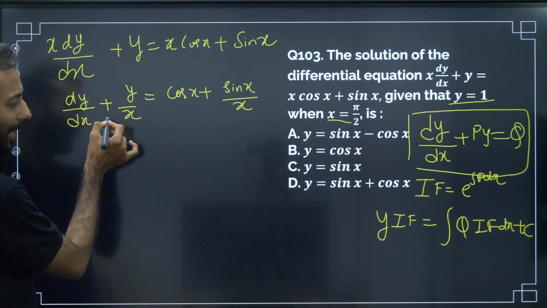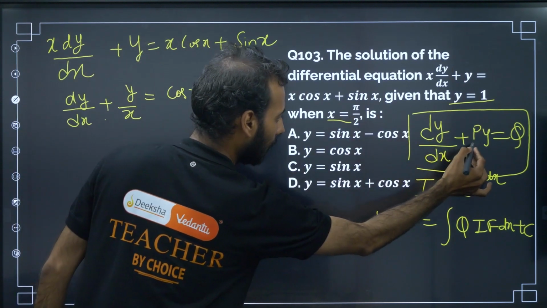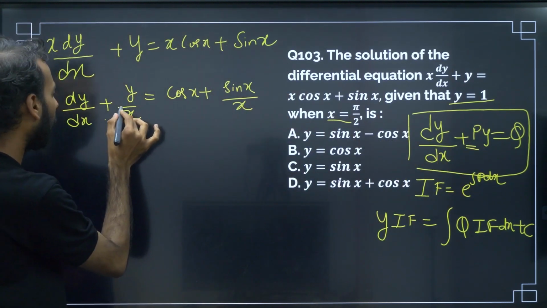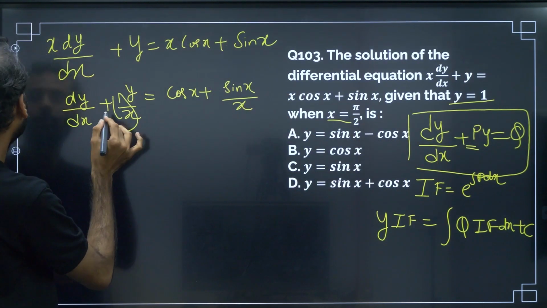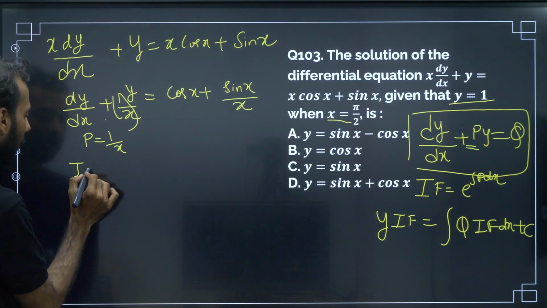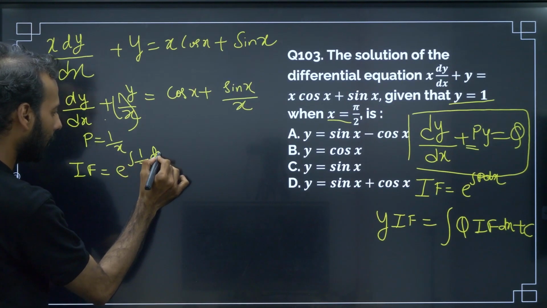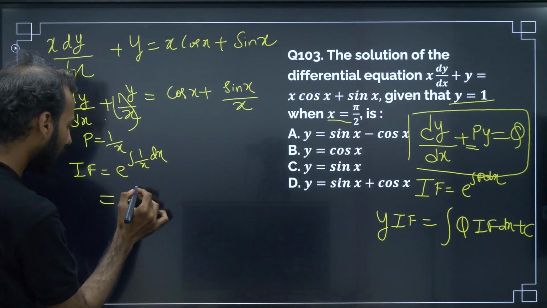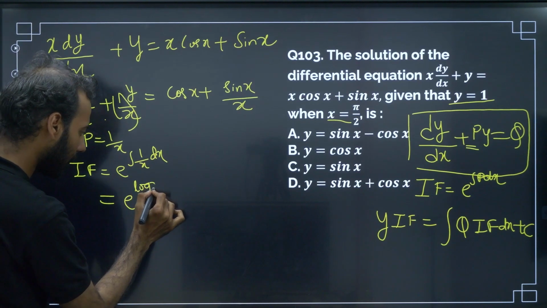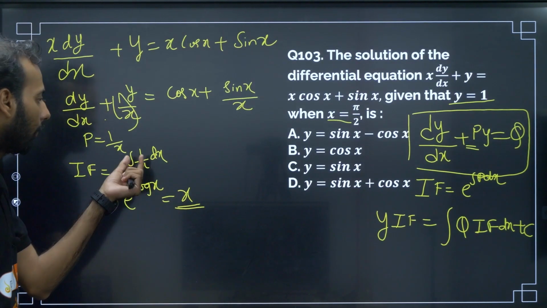Now, if I compare this given linear differential equation with this, in place of p we have 1 by x. So let me write p is equal to 1 by x. So IF is equal to e raised to integration 1 by x dx. So this becomes e raised to log x, since integration of 1 by x is log x. This is standard. Nobody should question how it came.